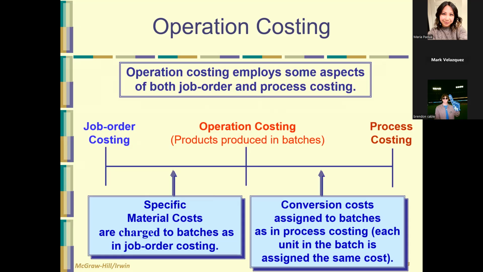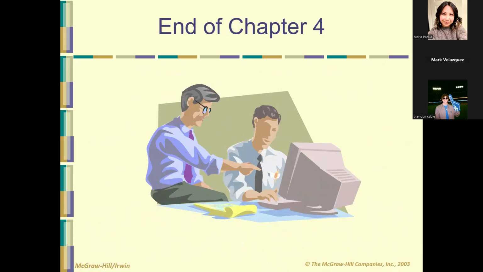We're not making the product until somebody orders it. So we put our direct material and labor and applied overhead into the job order, and we put the conversion cost and raw materials into the processing end. I knew they didn't do much with the operation costing.